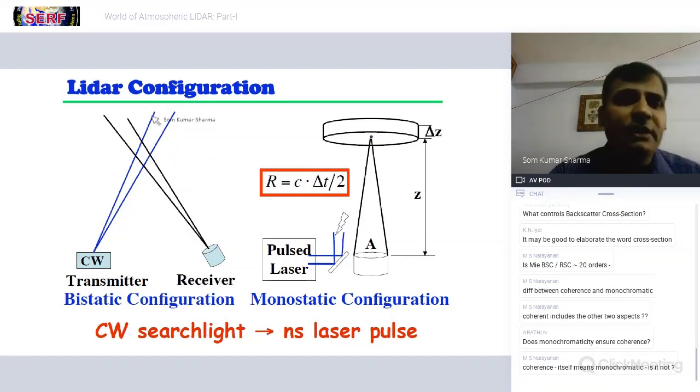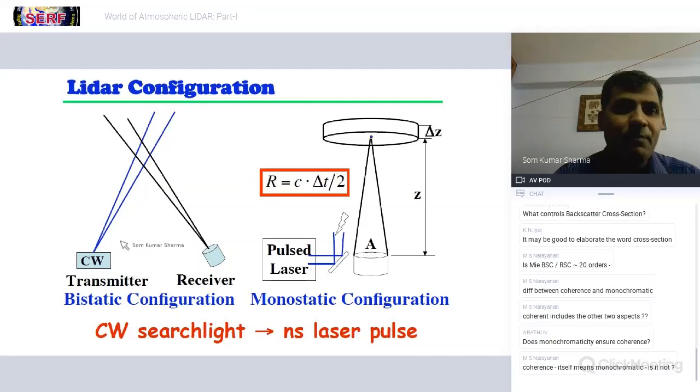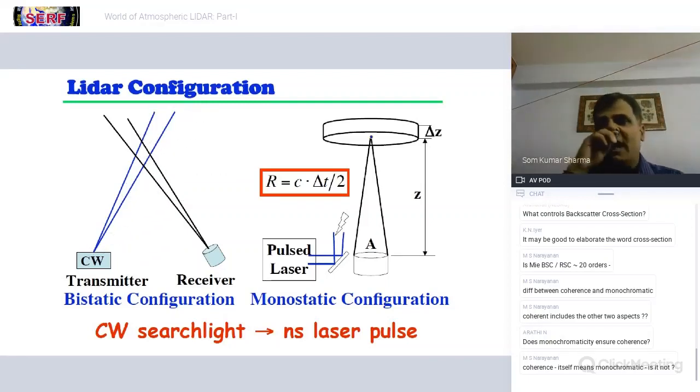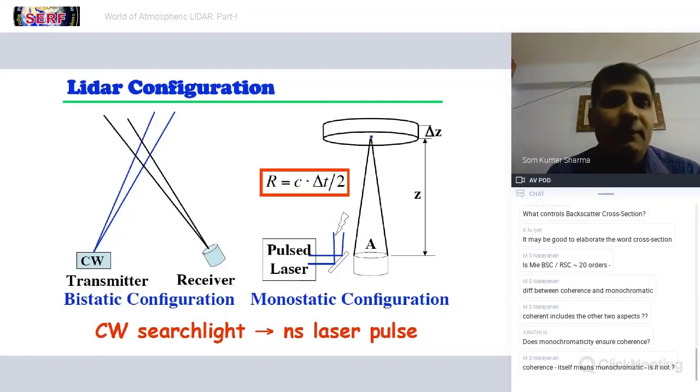But the problem is that the probing volume is small at first, and as you go up the beam diverges, so the probing volume increases. So beyond a certain altitude, it is difficult to probe the atmosphere using this technique.